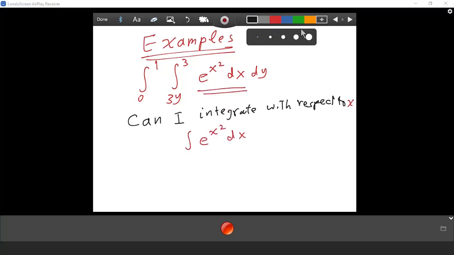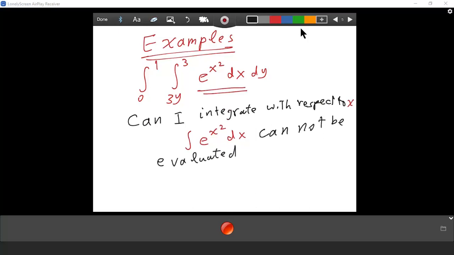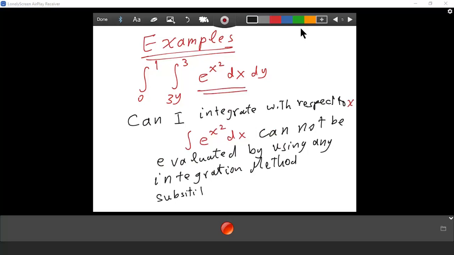So this one cannot be evaluated by using any integration technique or method: substitution, by parts, partial fraction, all of these we have.